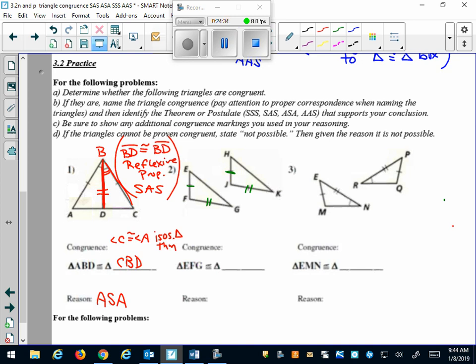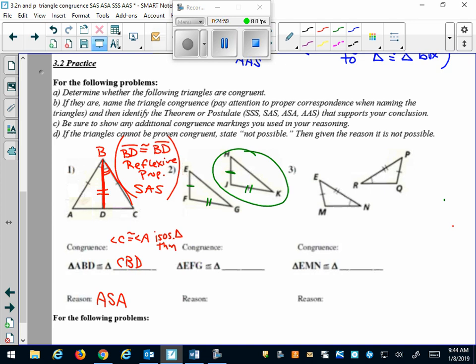So if I just gave you this triangle, could you determine how many degrees that angle is? No. Could you determine how long this is? Why?